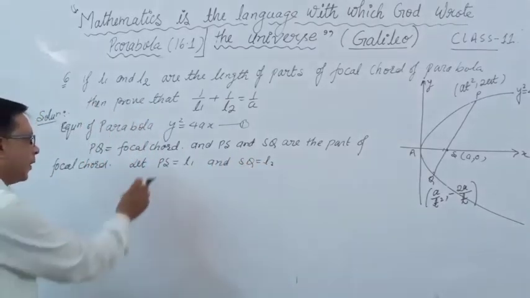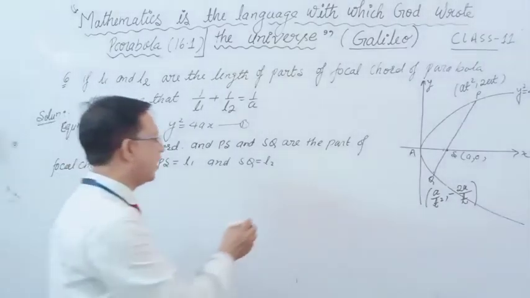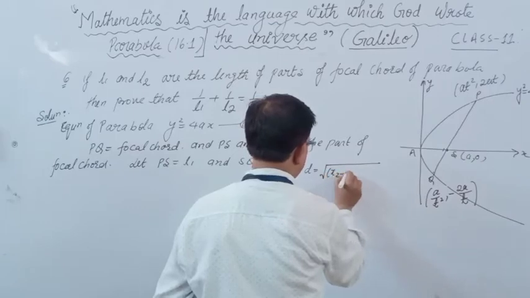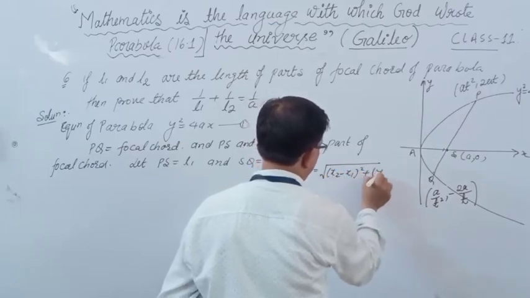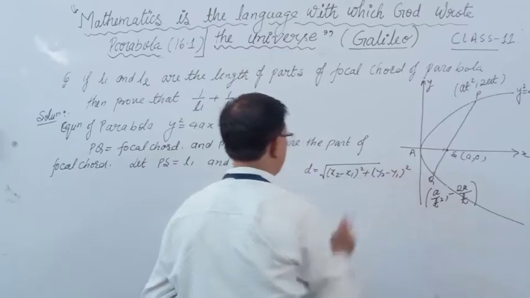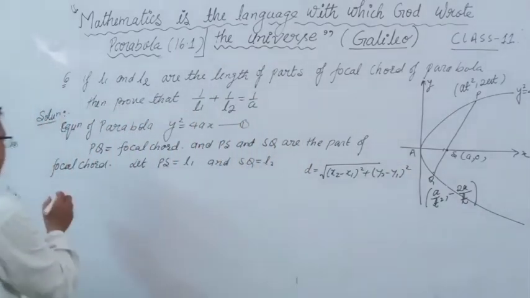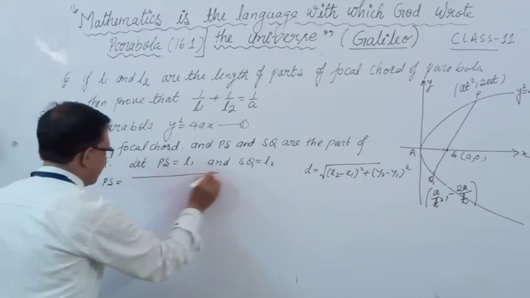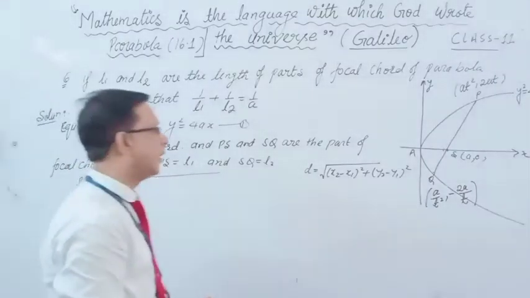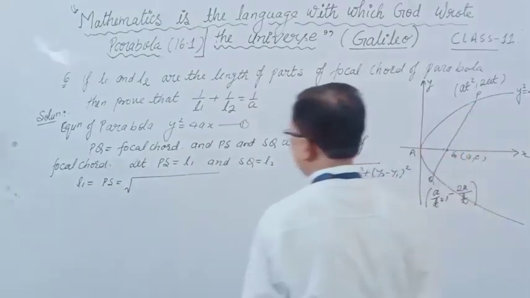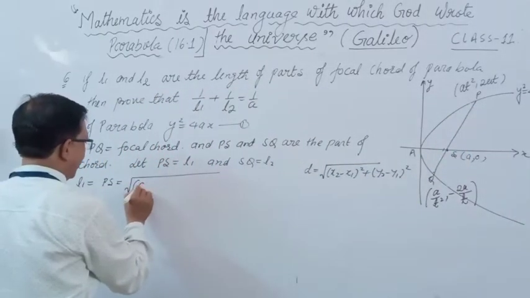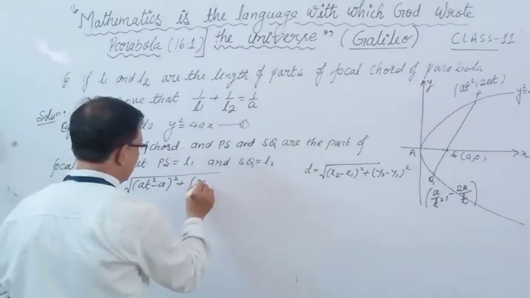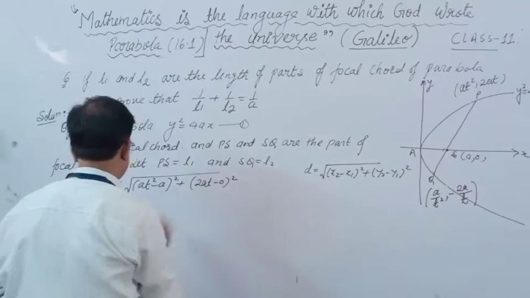So students, we find PS by applying the distance formula. D is equal to the square root of x2 minus x1 whole square plus y2 minus y1 whole square. So L1 is equal to PS, applying the distance formula between T and S, we get at square minus a whole square plus 2at minus 0 whole square.